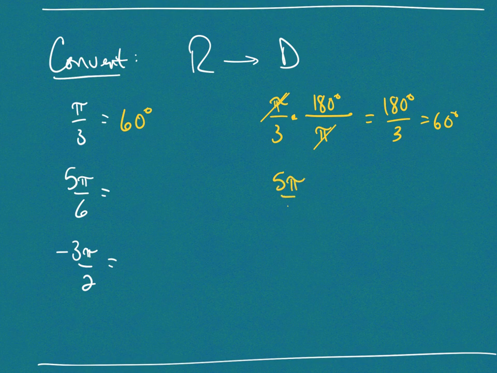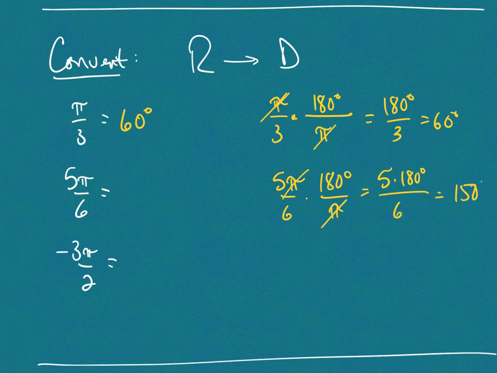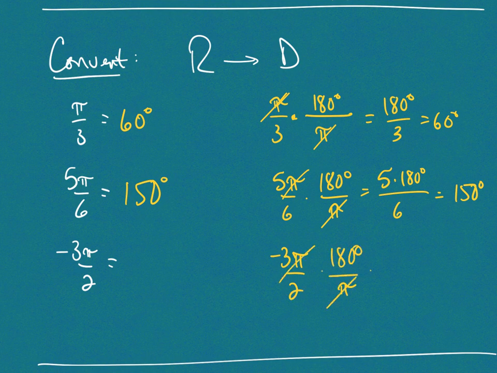Okay, or 5 pi over 6. We start with 5 pi over 6 and multiply by 180 over pi. Again, I hope you can see that the pi's cancel top and bottom. So I'm left with 5 times 180 divided by 6. And when you use your calculator to punch that out, you get 150 degrees. And I'll try one more. Negative 3 pi over 2. Multiply again by 180 degrees over pi so that the pi's cancel.